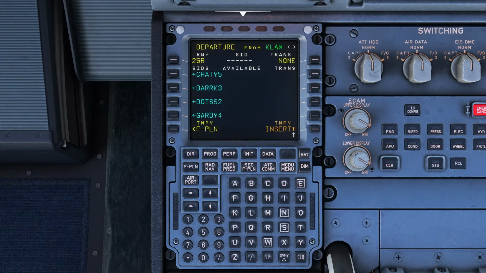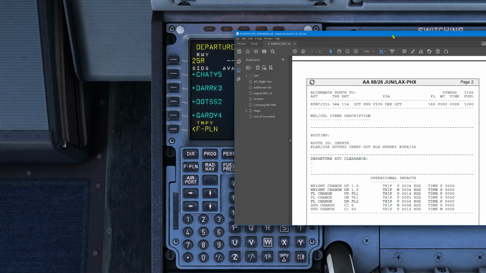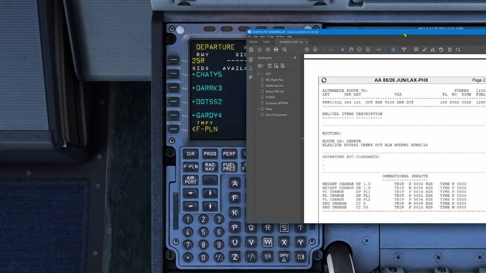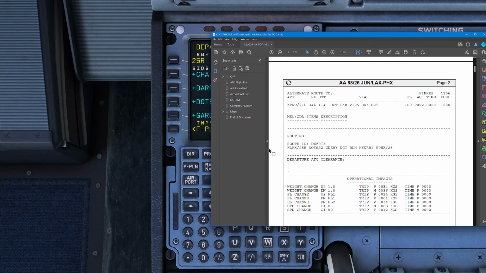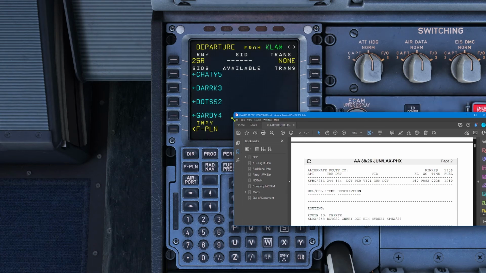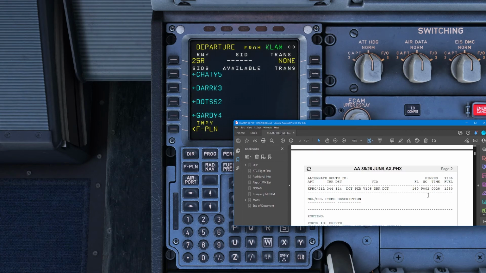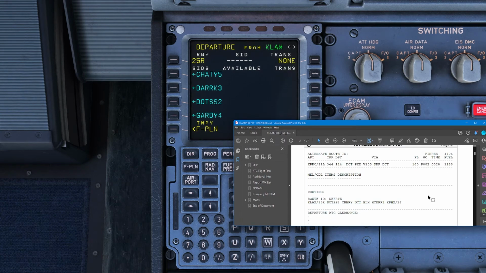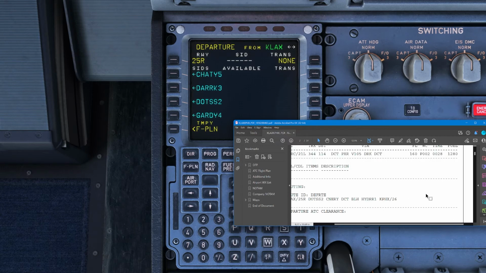Now, if we go back to the flight plan, let's see if I could shrink this up a little bit so we can see it. Hold on, because I want us to see. Oh, wonderful. Okay.